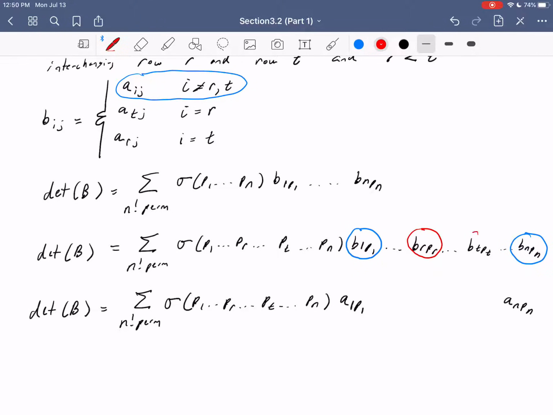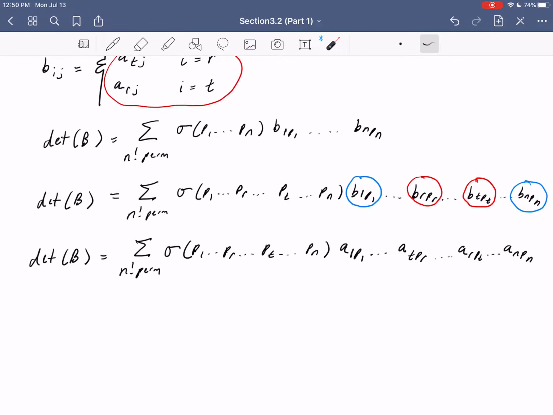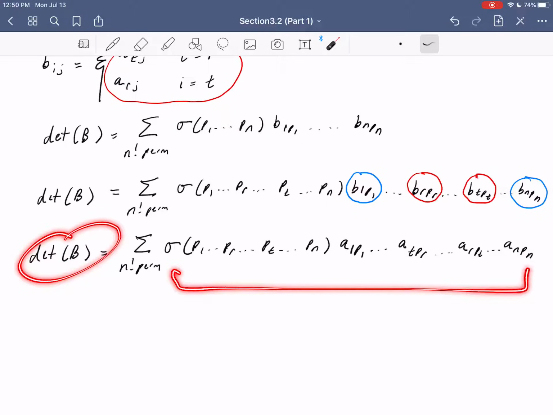These two specific ones here match these definitions here. This is the Rth row of B, which means we use this one here, so ATPR, and then ARPT. Okay, so now we have the determinant of B in terms of this.